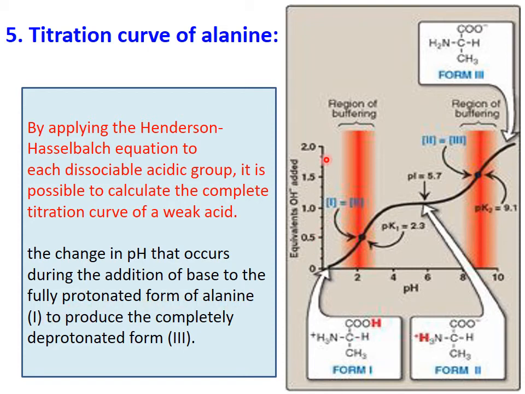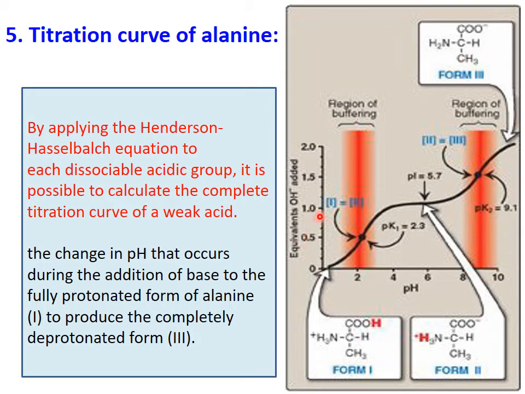This is the fully protonated form when placed in a highly acidic medium, where the pH is, you just see, 2. So this is form 1. To produce the completely deprotonated form, this is the fully deprotonated form 3.